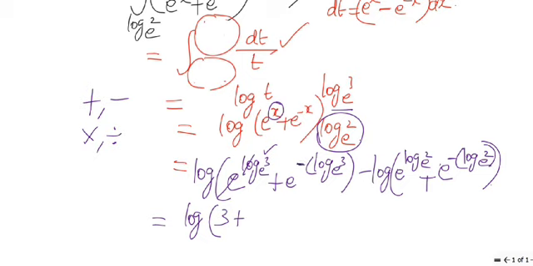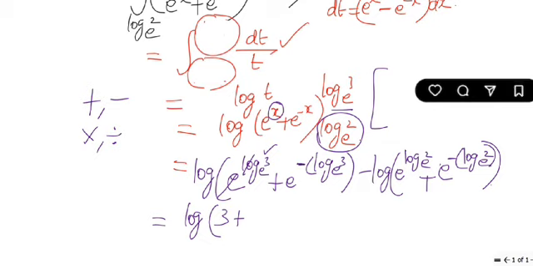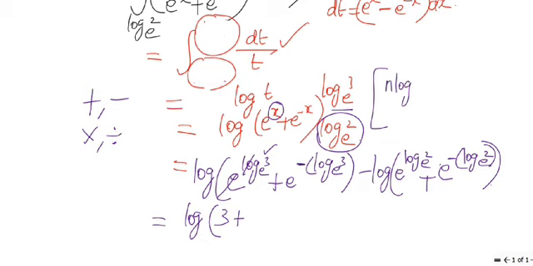Now here we have a minus sign in front. For this we are going to use our logarithmic rule, the power rule. It says whenever you have a value in front, you can express it as a power of the function. So the minus sign becomes 3 to the power of minus 1 actually. If nothing is there in front, it means 1 is there.